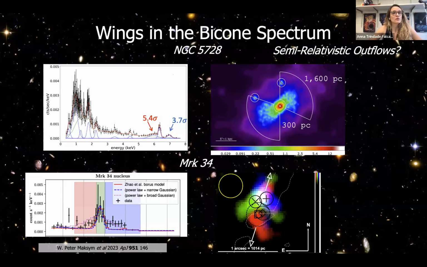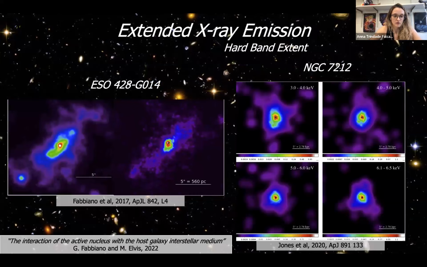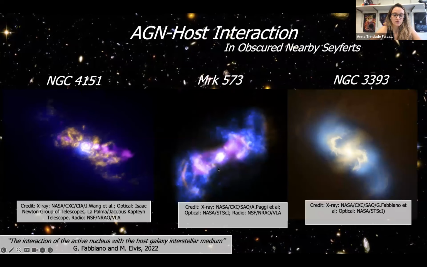So if you go back here to that amazing image of, for instance, Markarian 573, which was done by Paggi et al., you can see just by looking at the image, as Helen showed, the effects of this AGN host interaction just by looking at the X-ray image.